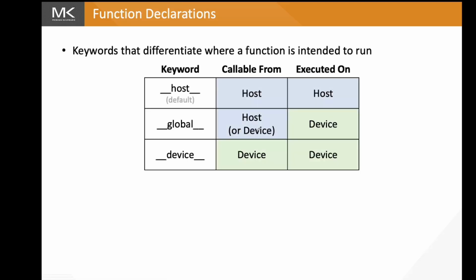Okay. There are some small details that I also need to talk about before we jump into the multidimensional grids. The first thing that I want to emphasize here is the keywords that you can use when you define a function in a CUDA program. You have already seen the __global__ keyword, which is used when you want to define a kernel, and a kernel is a function that is executed on the device and called by the host, right? This is the function like vector addition that we have had so far.